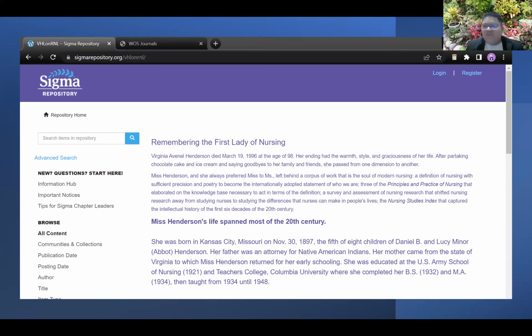Ano yung theory ni Virginia Henderson? Or ano yung contribution ni Virginia Henderson? Bakit si Virginia Henderson nandyan talaga class sa inyong theoretical foundations for nursing class? Sige na, kahit mag-quick Google search kayo dyan. Anong contribution ni Virginia Henderson?